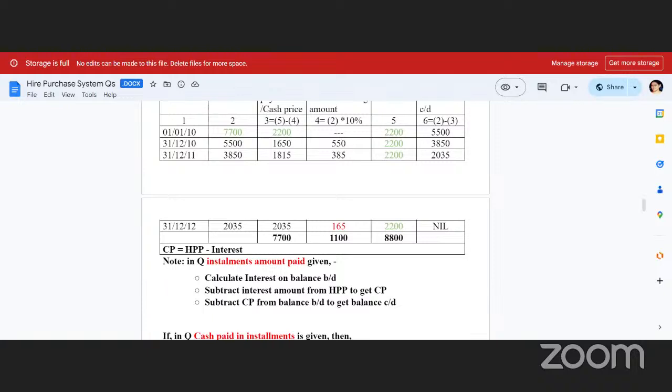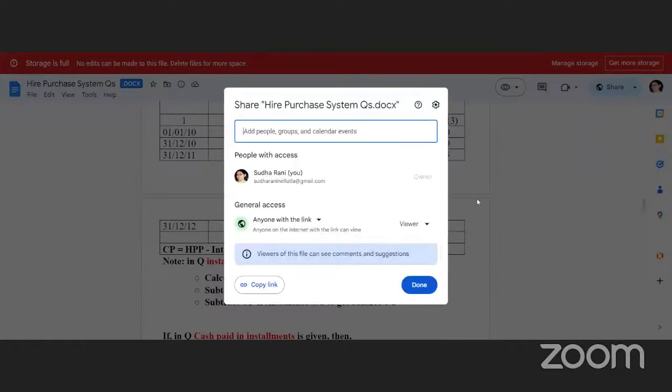I sent the link. But ma'am, it's not opening. Why is it not opening? I took your one only. Anyone with the link, internet link, you can.